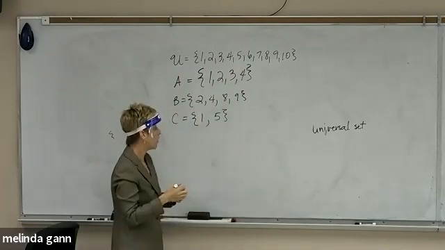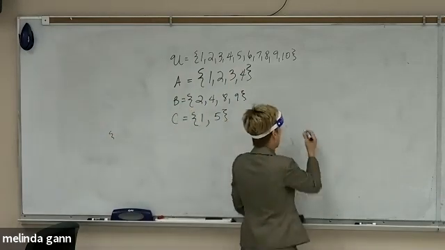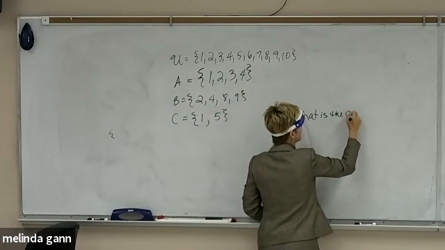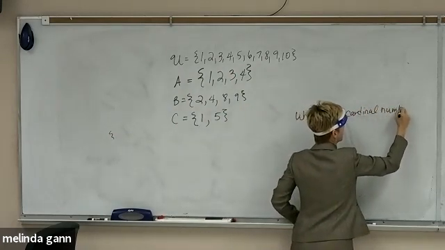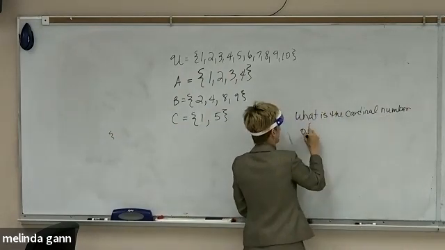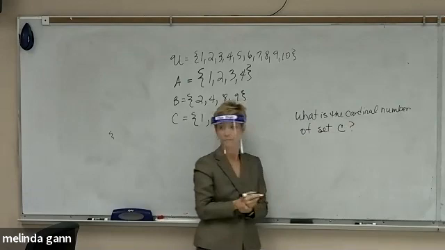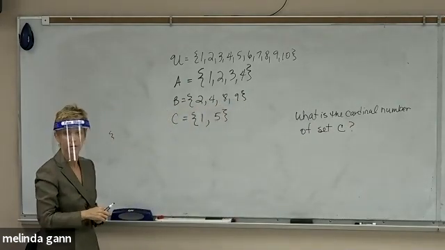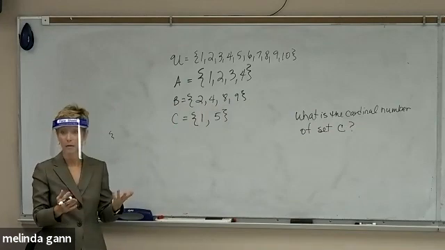Okay? Now, the notation I want to show you is this. I could say, what is the cardinal number of set C? Okay, look at set C. What's the cardinal number? 2. Why?